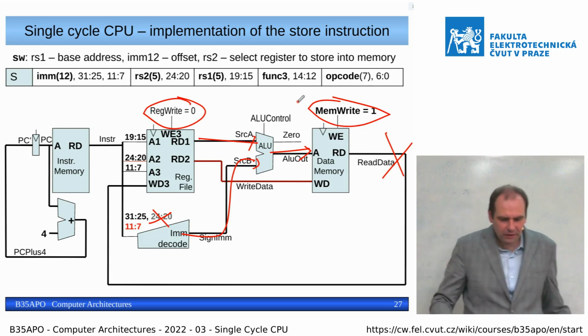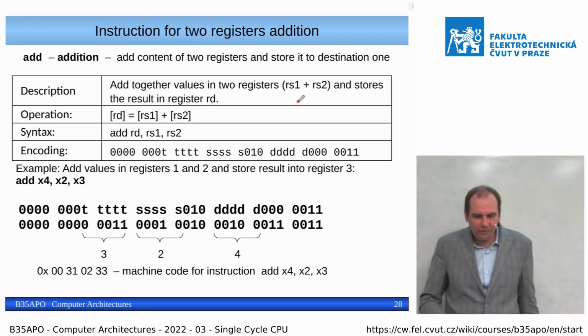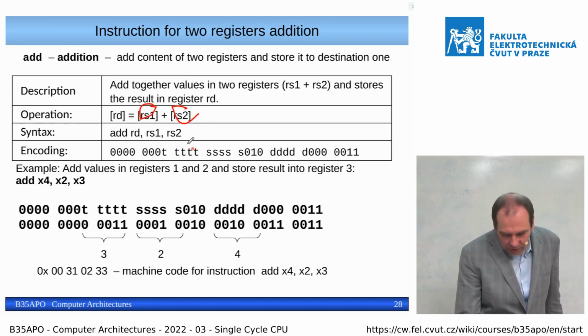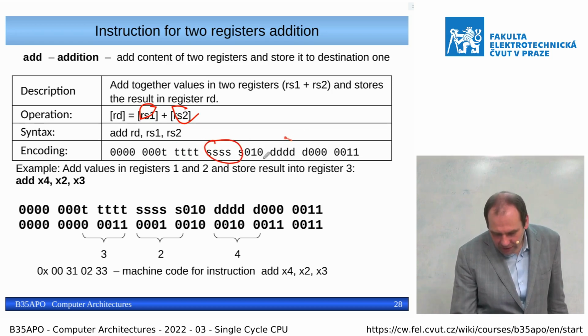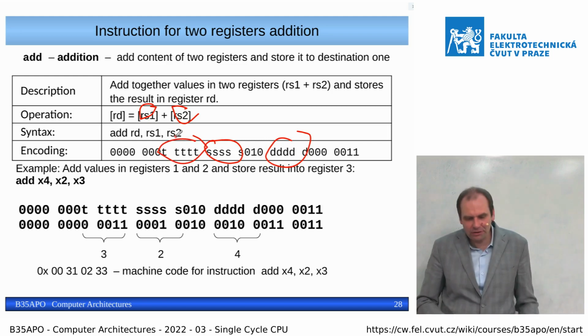And execute the step. And for addition, when we want to add 2 registers together, then we encode. We know already that there is place for source operand, destination register, second source register, as you can see exactly on the same place.